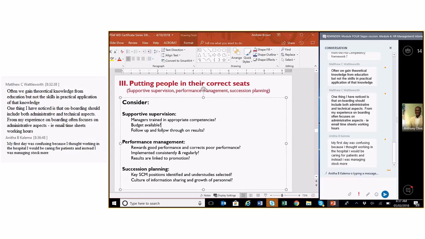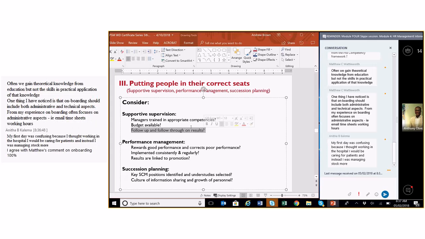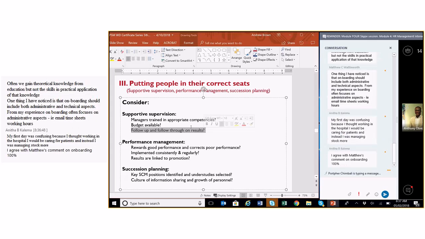We also note that, for me, it is follow up and follow through. There's nothing more frustrating for a staff member than to have supportive supervision or an interaction with a manager that has action points that need to be done by the manager, and that manager does not follow through on what they are going to do, whether it's providing access to an education opportunity, a resource to fix something in the facility, or taking action on a negative activity.